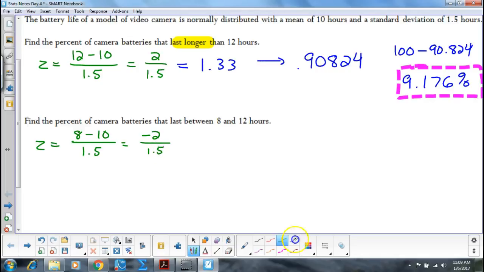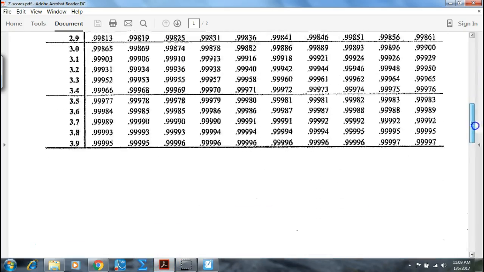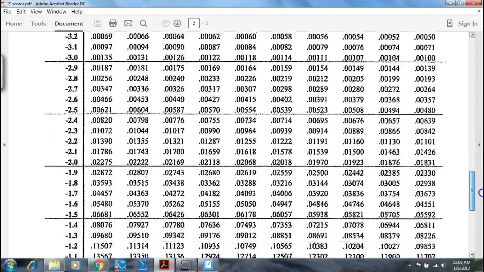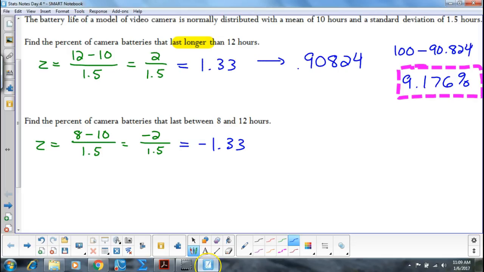So that's going to give me a z-score here of negative 1.33, which then, so I go on my z table down to negative 1.33. 1.33 is that one right there. So that's 0.09176.